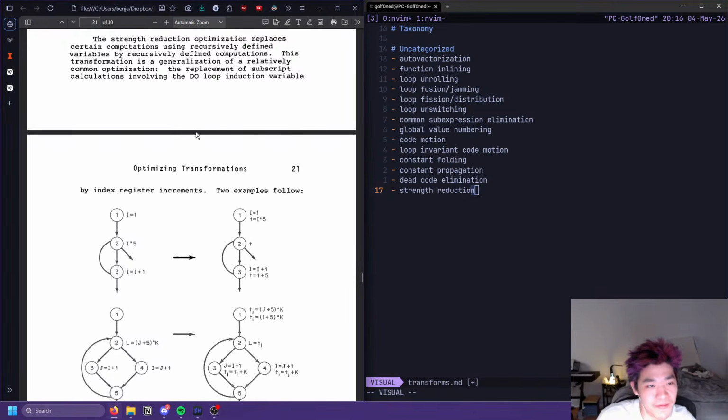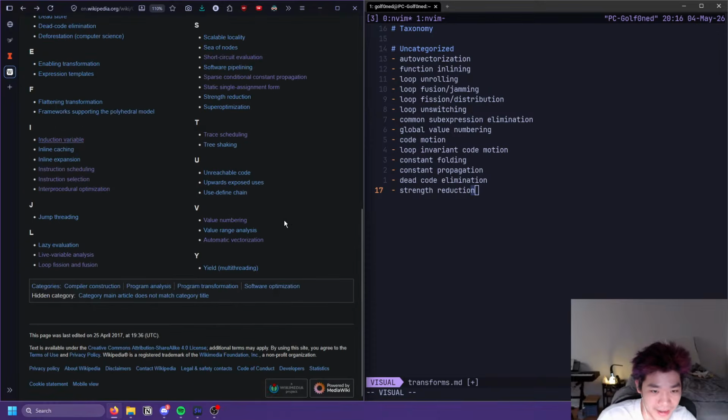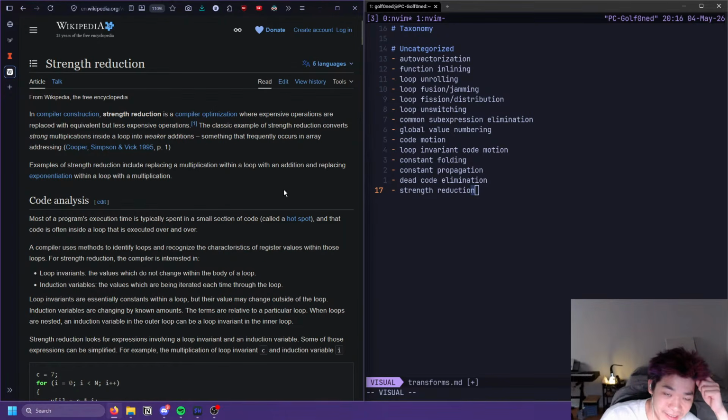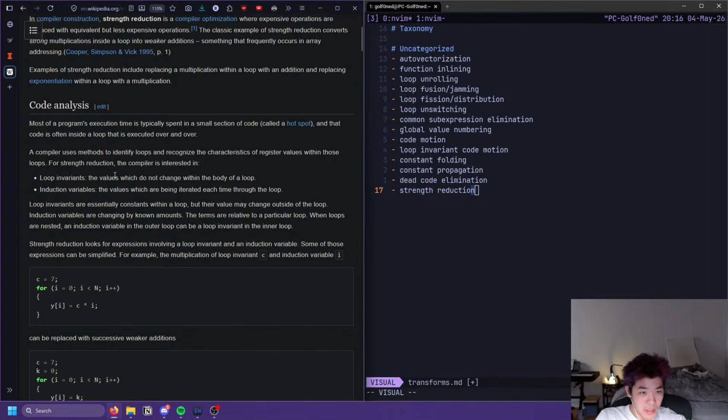Okay. I might have to look at the Wikipedia page for strength reduction. This is not making sense to me. This is not very taxonomy, I'm afraid. What?